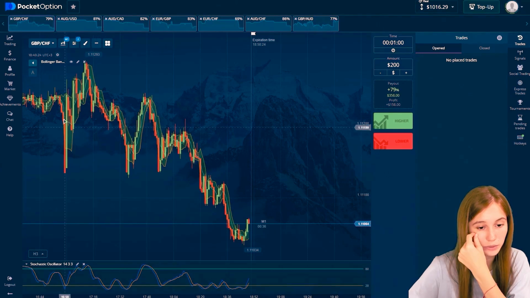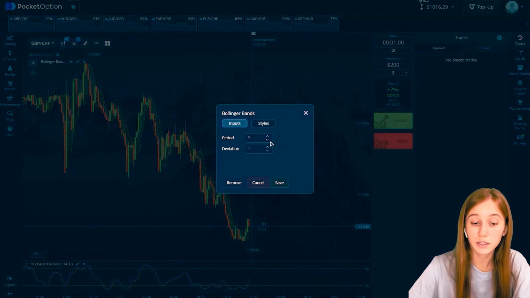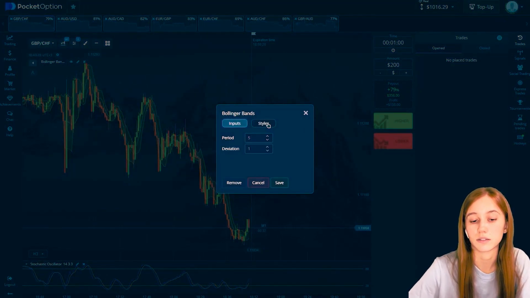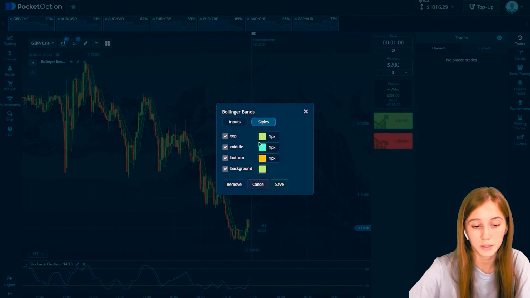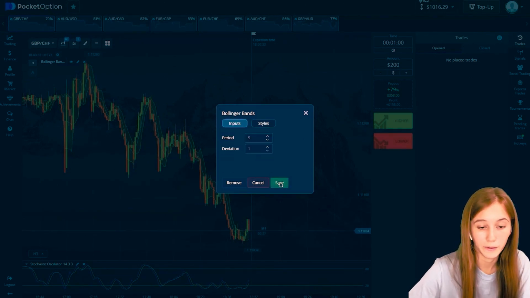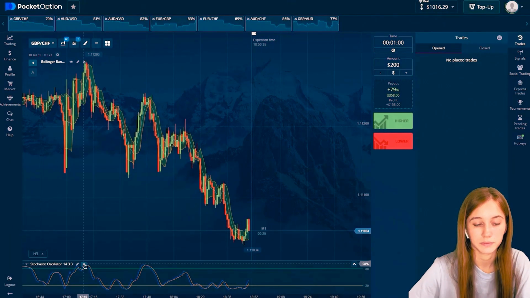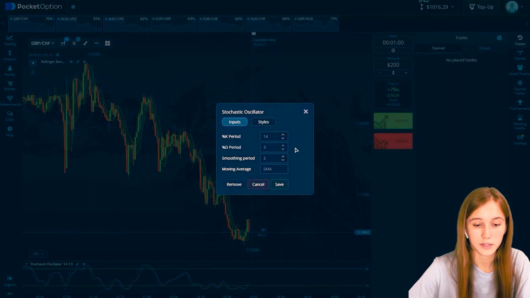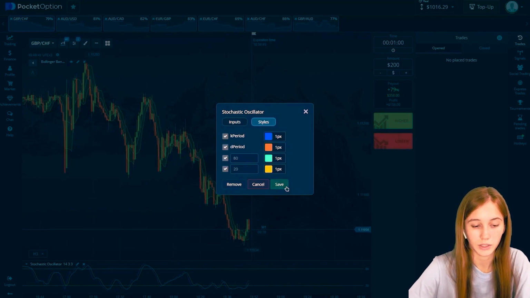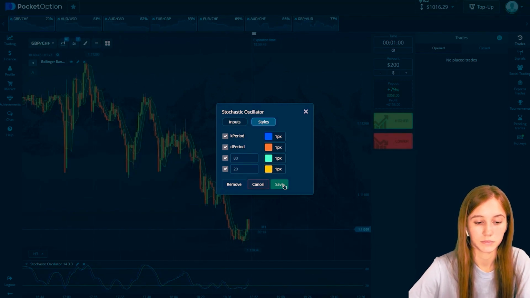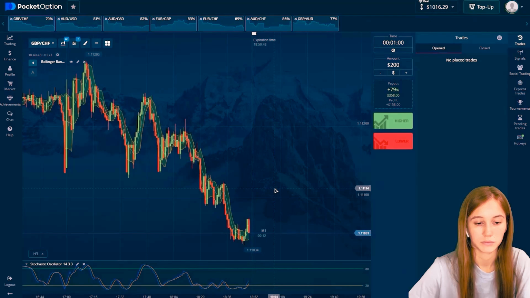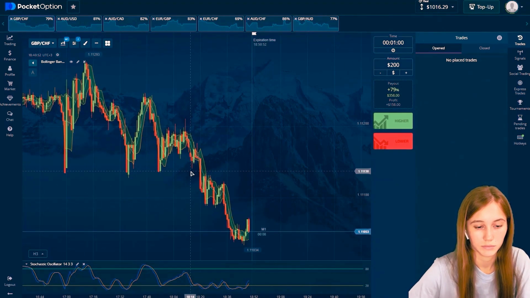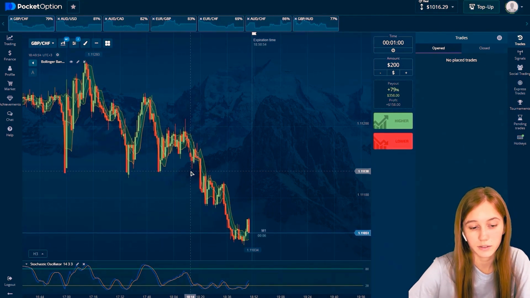And we also use technical analysis and two indicators: Bollinger Bands, you see, you can copy the settings, and the stochastic oscillator, you can also copy the settings. So I showed everything, I think.